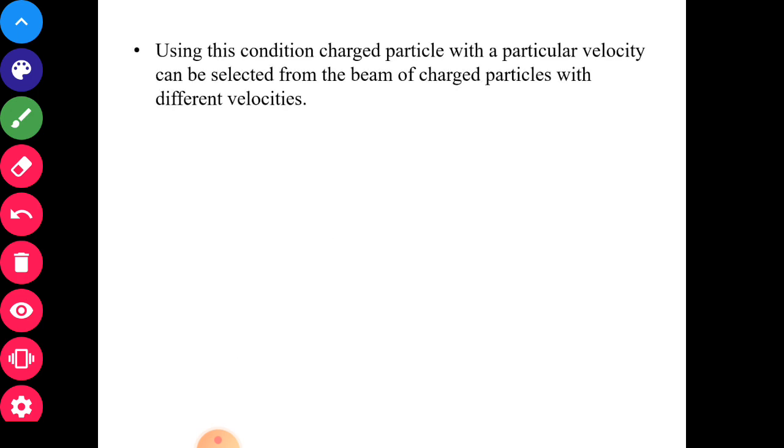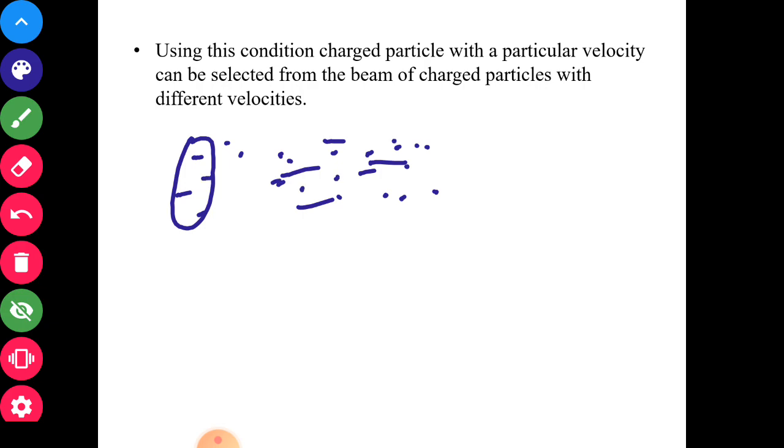Using this condition, a charged particle with a particular velocity can be selected from a beam of charged particles with different velocities. If you have a beam of charged particles moving in this direction, all those particles which are undeflected will move in this direction.